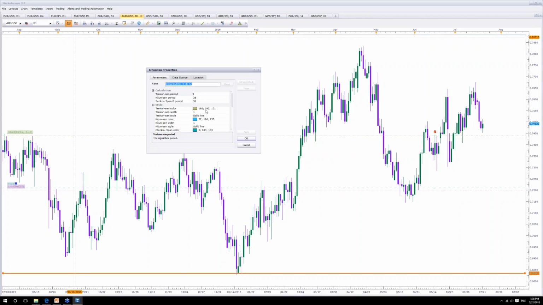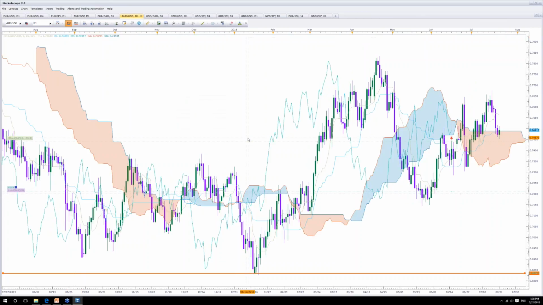This is the normal Ichimoku, the 9, 26, 52. As people who follow me on investiva.com might know, this is my favorite indicator as an entry point.